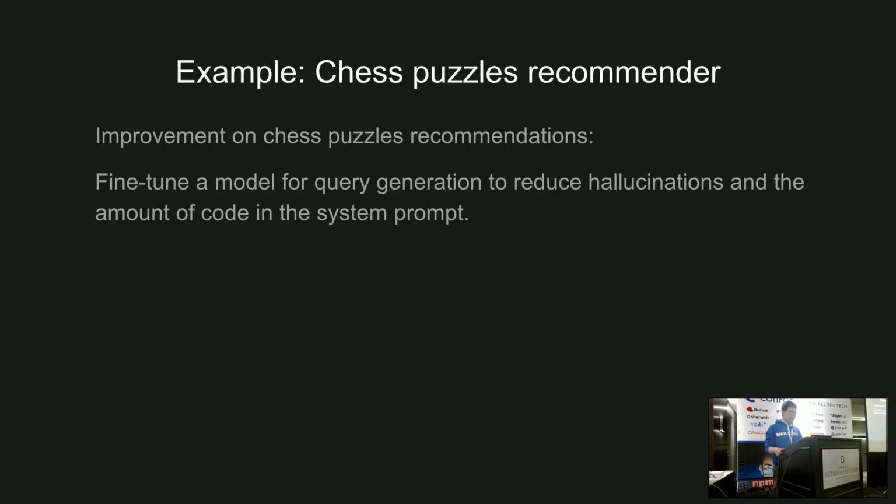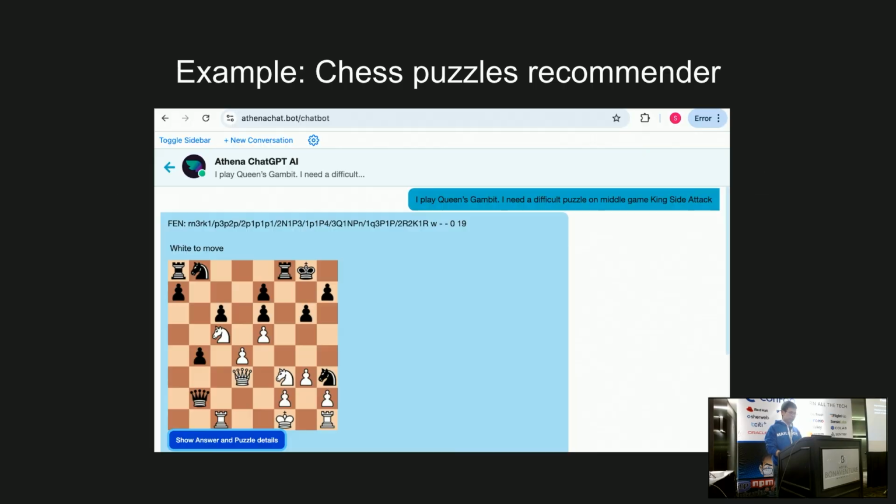So this is a showcase of the query I just talked about. I play Queen's Gambit. I need a difficult puzzle on the middle game kingside attack, and it gives me a puzzle here. Can anyone solve this puzzle? It's quite a difficult one, I'd say.